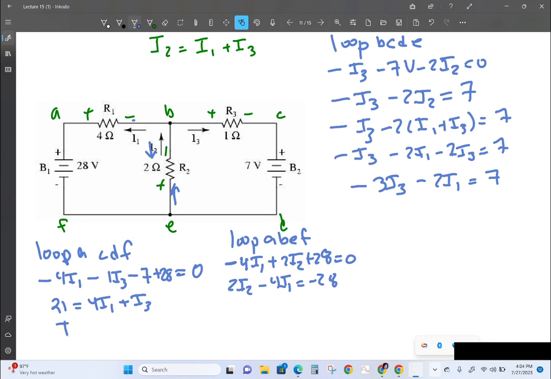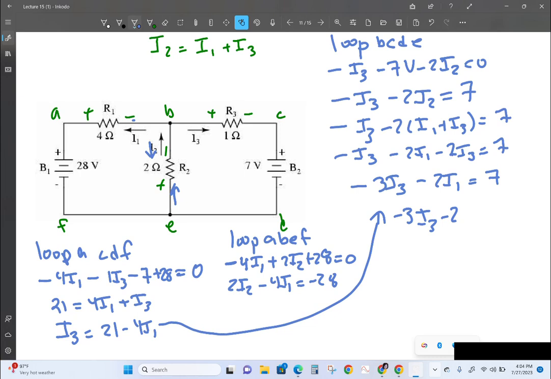So I have another equation that has I1 and I3, and I can solve for I3 here. I3 equals 21 minus 4I1. Now I can plug that into this: negative 3I3 minus 2 times... oops, I just messed that up. I plugged in for the wrong thing. I'm plugging in for I3. So negative 3 times 21 minus 4I1, minus 2I1 equals 7.